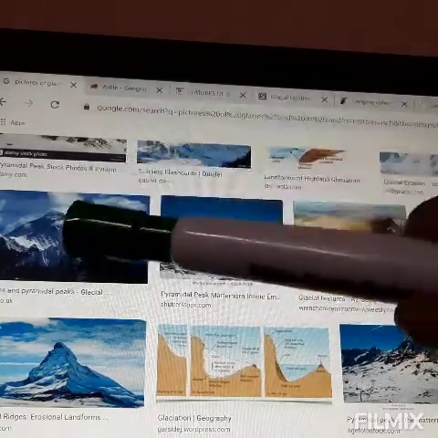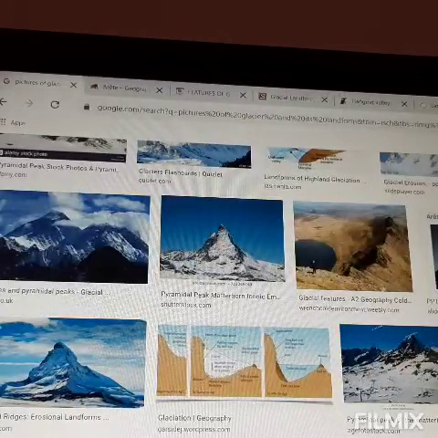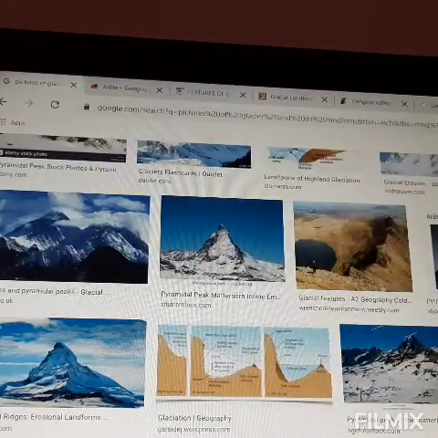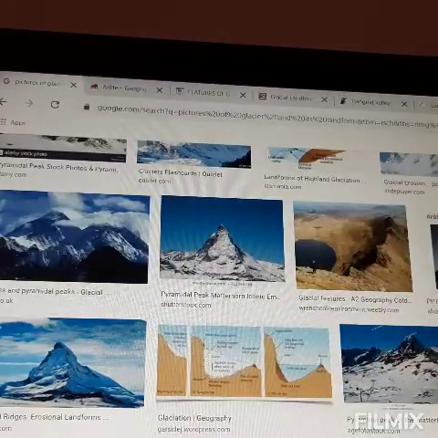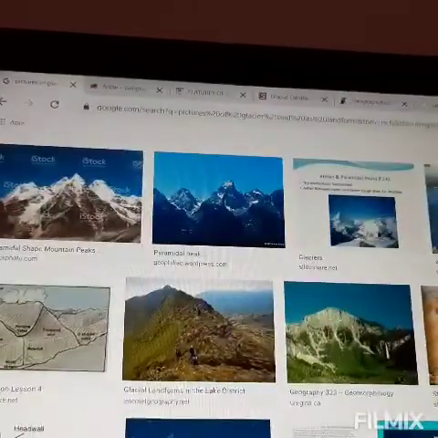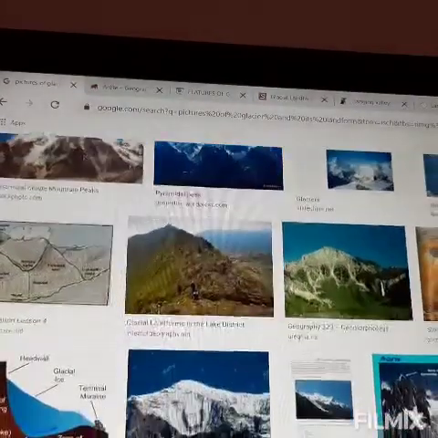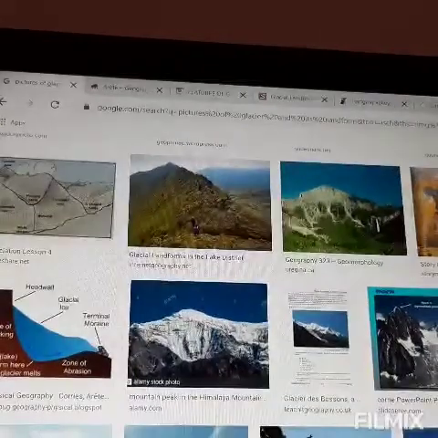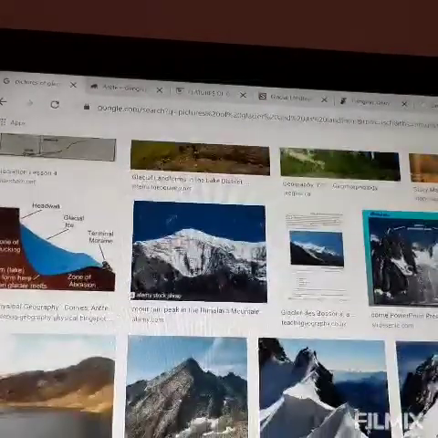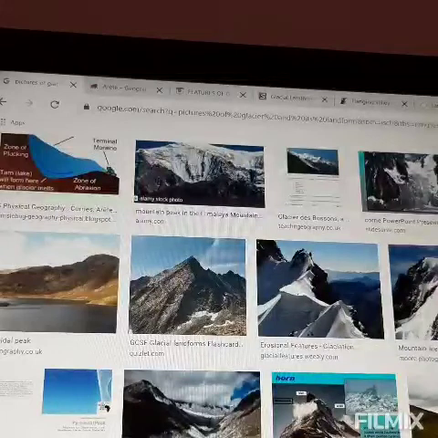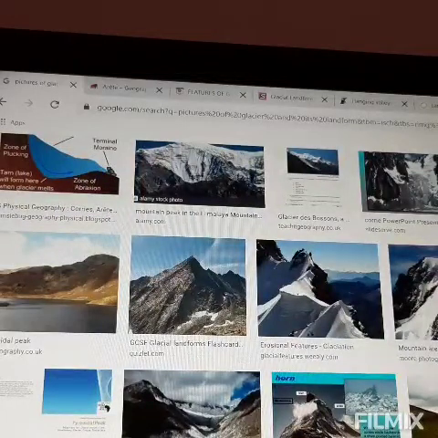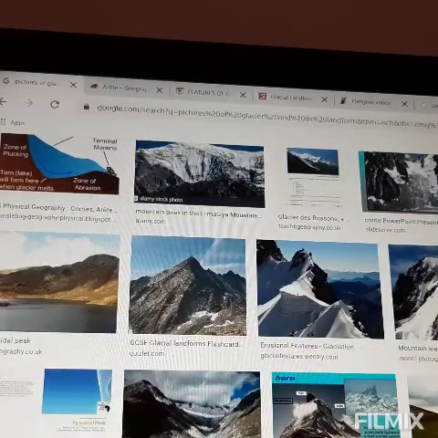Find here aretes. You can see the glacier's action of erosion in these pictures.